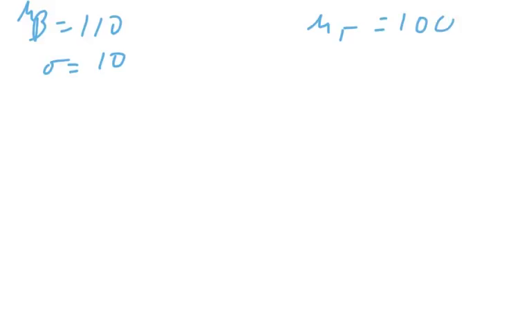Last one, example number 4. Bob has a golf score that is normally distributed with a mean of 110 and a standard deviation of 10. So we'll call this Bob. Mean of Bob is 110 and standard deviation is 10. Tom is a better golfer, has a mean of 100 and a standard deviation of 8. What is the probability that Bob does better than Tom?